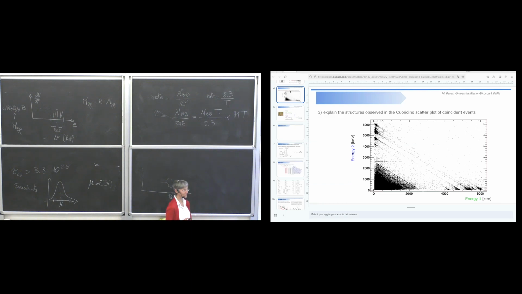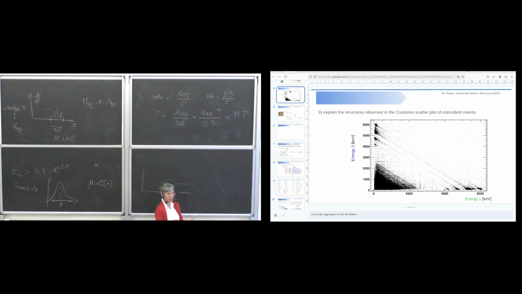Yes, sorry, accidental means that they do not have a real, physical correlation, as when they are produced in the decay of a single isotope or in the decay chain of an isotope, but are due simply to the superposition of events that, due to high rate, can accidentally occur.